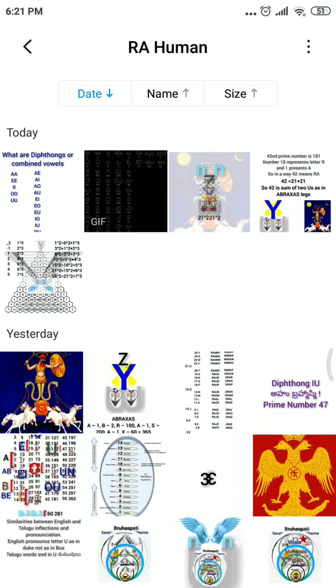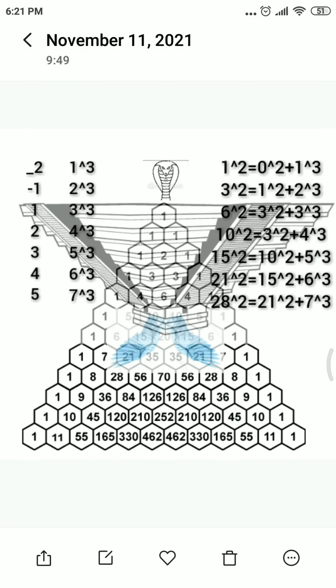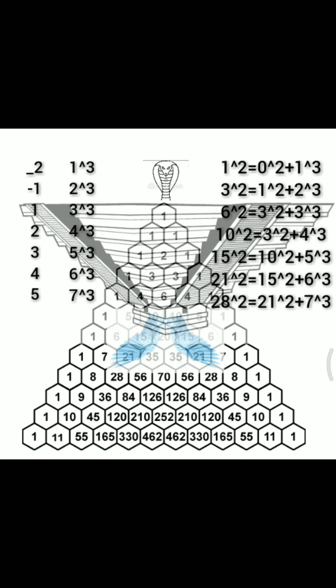Now, I think pretty much I have covered everything except this probably. This is nothing but the Pascal's triangle, or, as I told you, they call it the stairway to heaven. And I will never be bored to discuss the Chichen Itza pyramid.